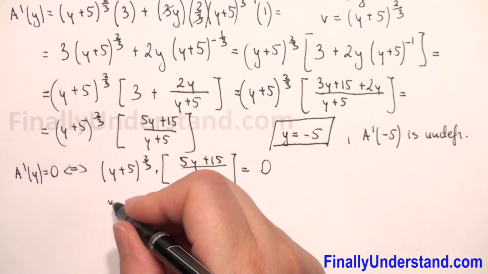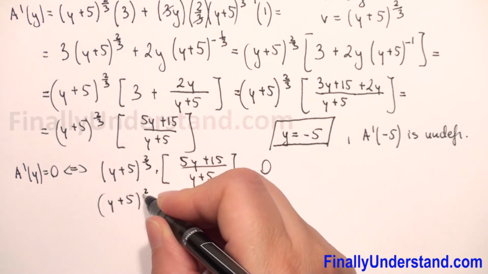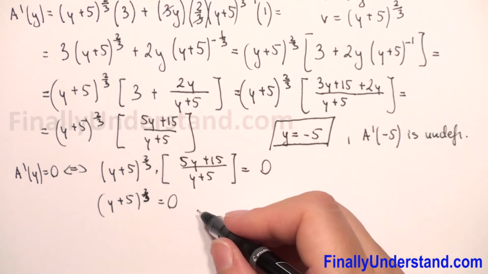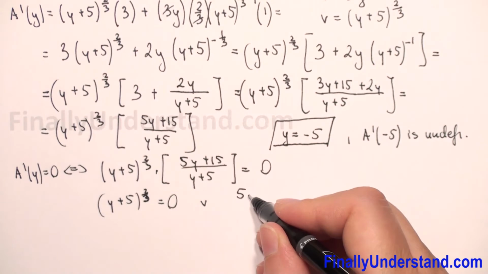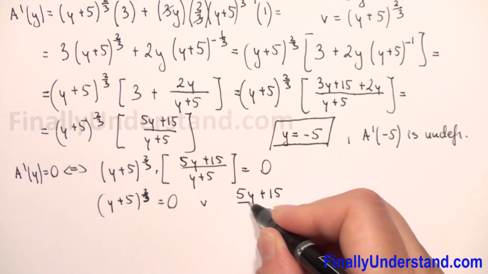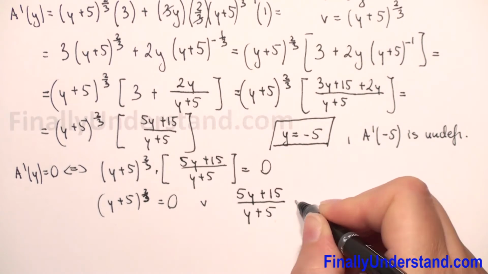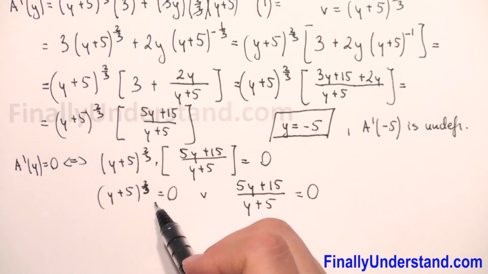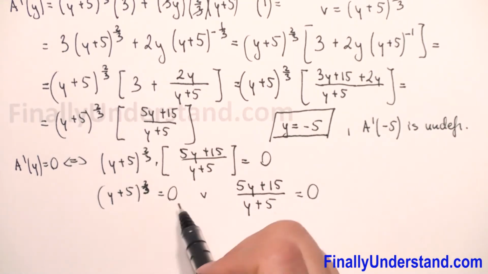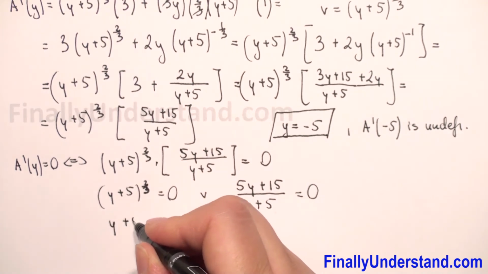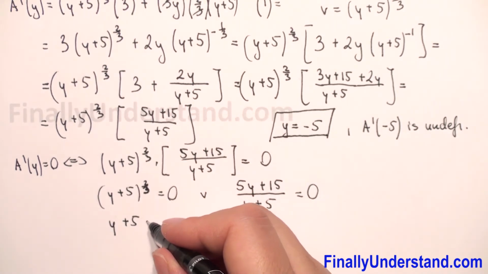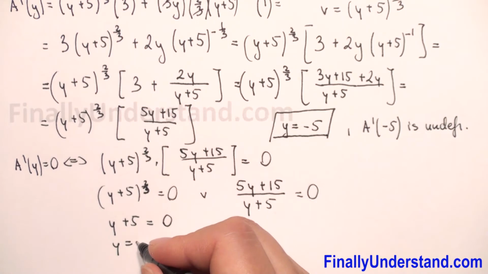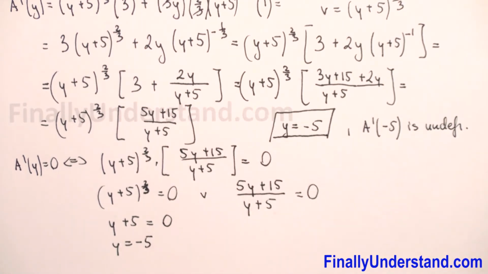When (y plus 5) to power 2 over 3 will be equal 0, or we have (5y plus 15) over (y plus 5) is equal 0. So we have to first take to power 3 over 2 both sides, so we will have y plus 5 on the left side, and 0 to power 3 over 2 is still 0. So y is equal negative 5 is first solution.